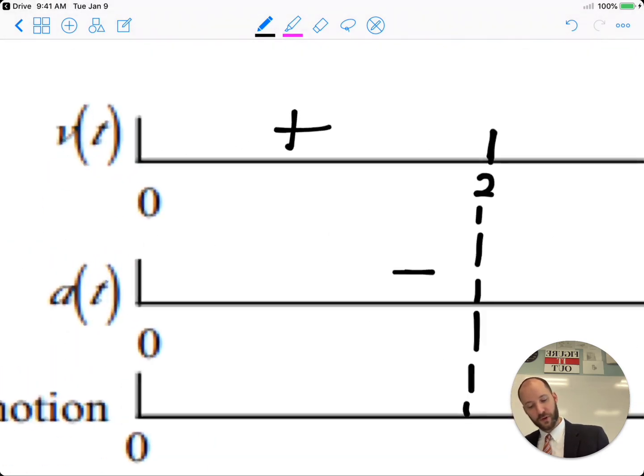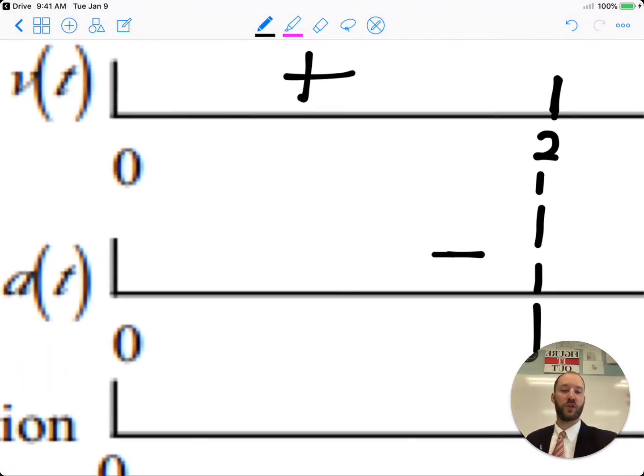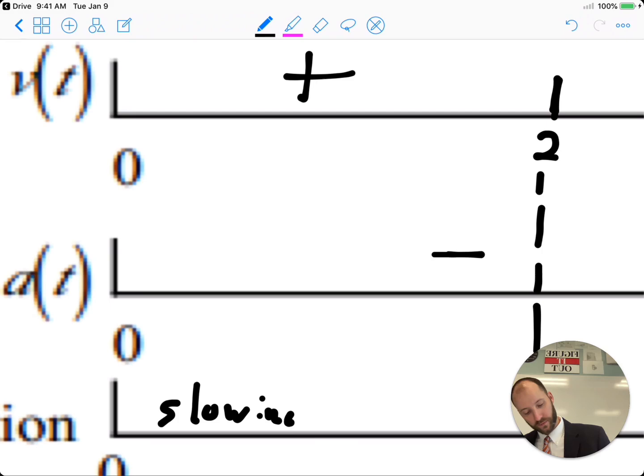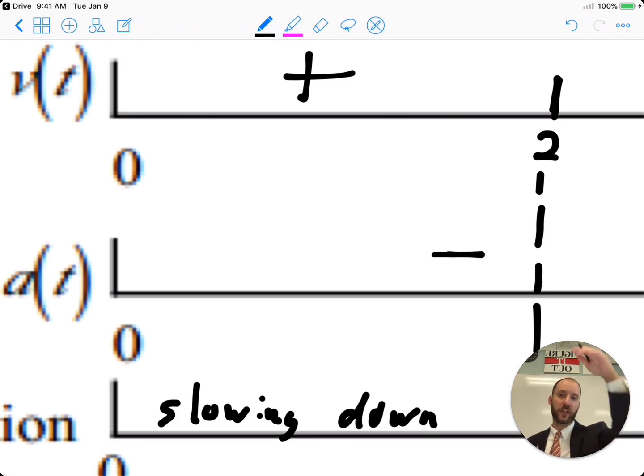So in this first interval, from 0 to 2, we have positive velocity, negative acceleration. So the object, the motion, is slowing down. Let's assume this is vertical line motion. The velocity, we're going up, but there's something pulling us down.